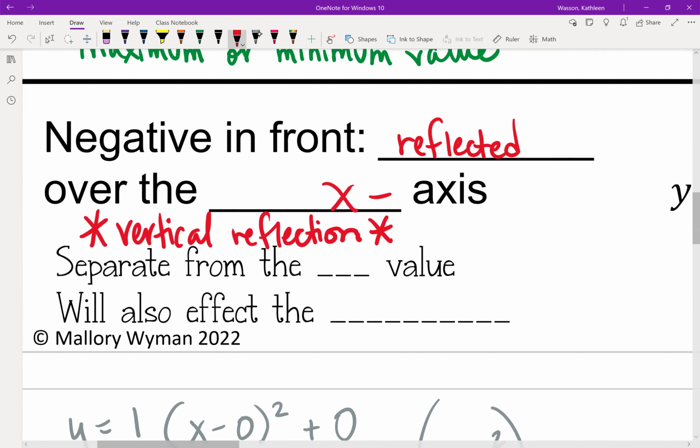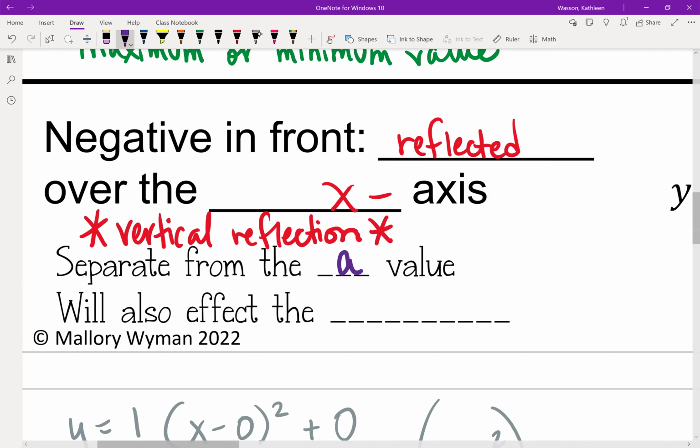This is separate from the number for A. So we talked about A, and that is a shape thing. This is completely different, has nothing to do with the number. This is if it's positive or negative only.